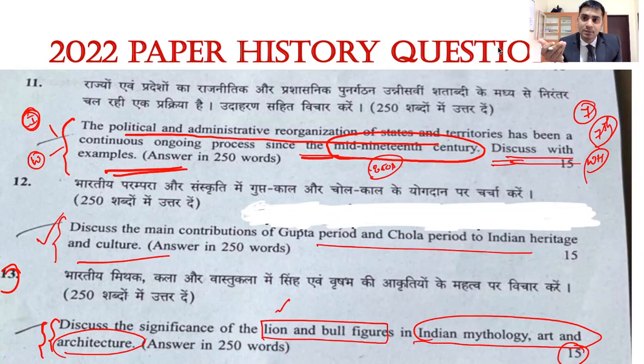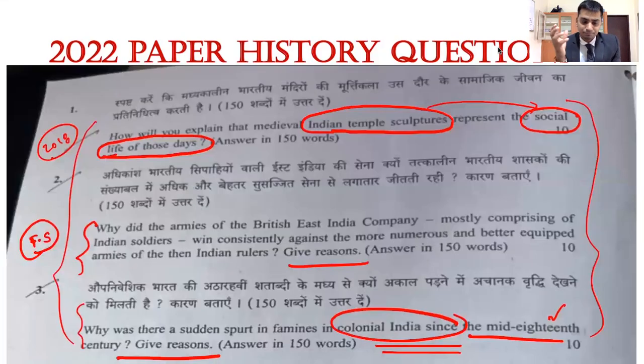The same thing was done in 2020 also. In 2020, there was no world history question. In 2021, there was a world history question. In 2022, again, more or less, there is no direct reference to world history questions. So this is the question. Now look at the directives that they have asked.